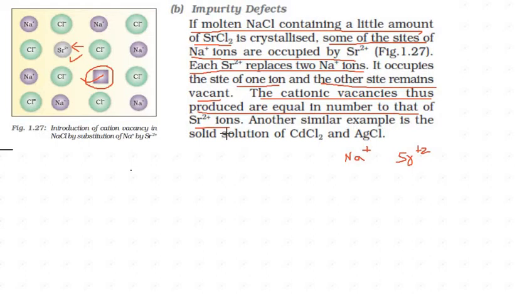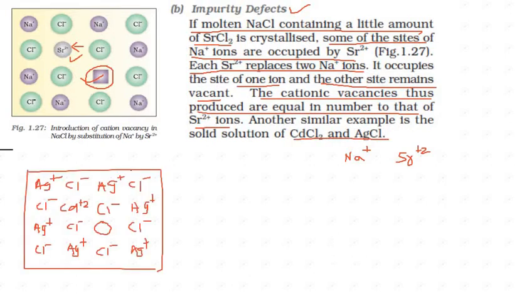Why is it called impurity defect? It is called impurity defect because in the NaCl crystal we have introduced impurities, and because of the impurity a vacancy is created. Another example is CdCl2 in AgCl, which is very similar.